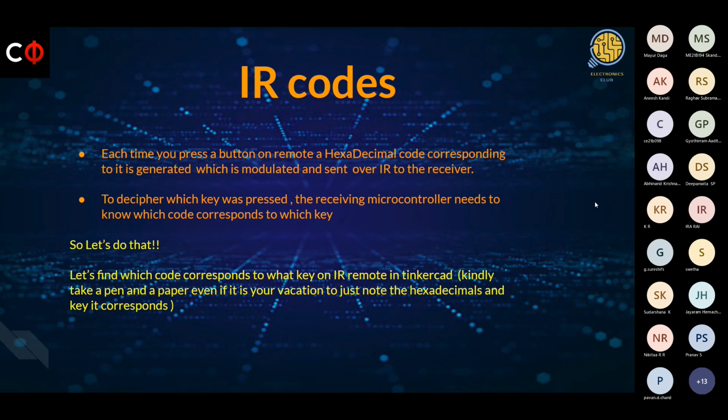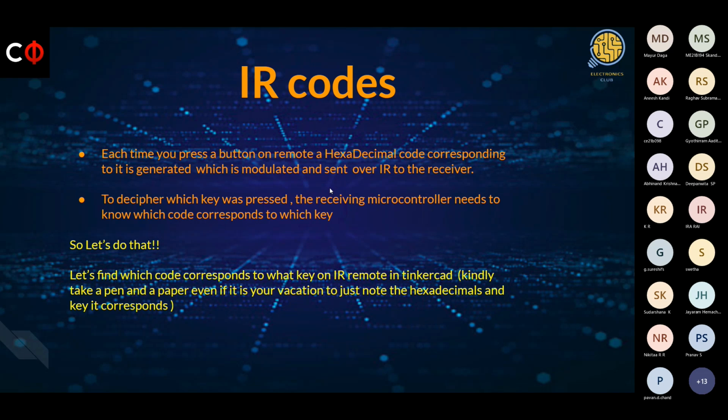So when you press a button on the remote, you generate a binary code, or you can say a hexadecimal code, corresponding to what you press, and it is modulated and sent to the IR receiver.